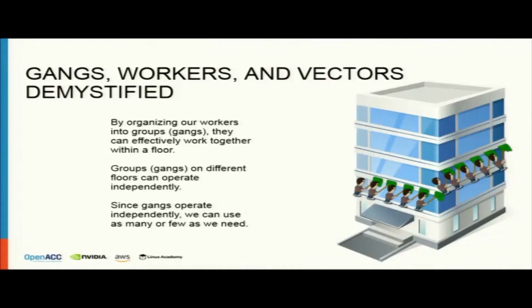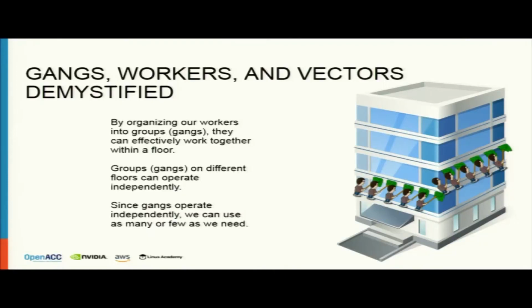While on the ground floor, these workers might have to talk to each other, because one will say, okay, you paint this wall, I will paint that wall. So they need to coordinate, while the ground floor workers need not talk to the first floor workers. The differentiation is that workers in the same gang on the same floor may have to coordinate with each other, while those in different gangs need not.